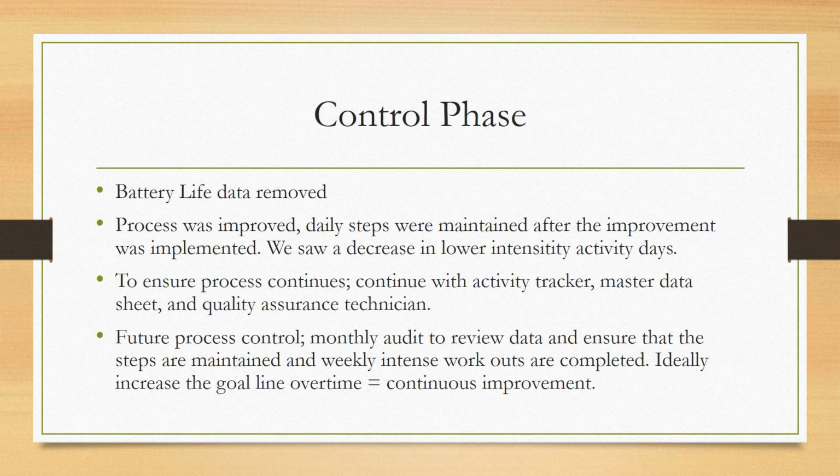And then we wanted to conclude to see if the process was actually improved. And I want to say that yes, it was a success. I think that after the improvement, the daily steps were definitely maintained. We saw through the IMR chart that we were at 7,500 or higher every day since the improvement was implemented, and that we saw a decrease in the lower intensity activity days.